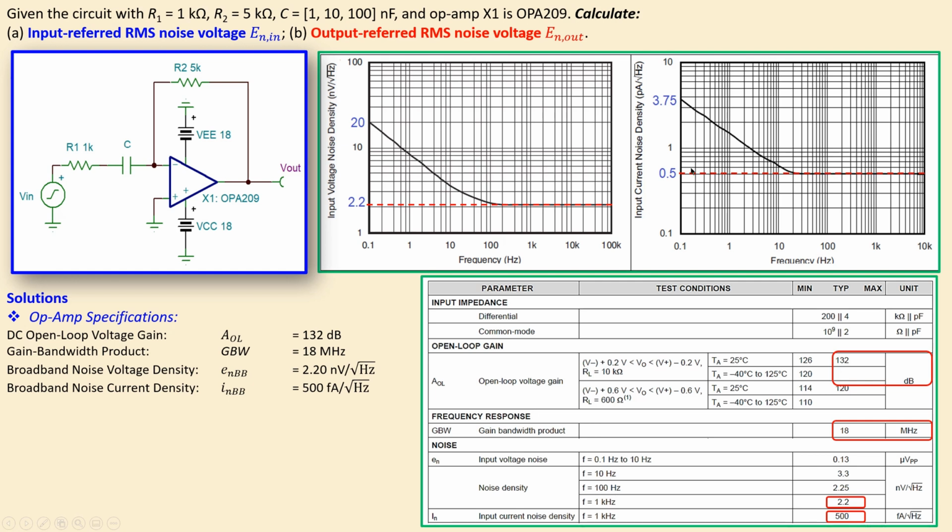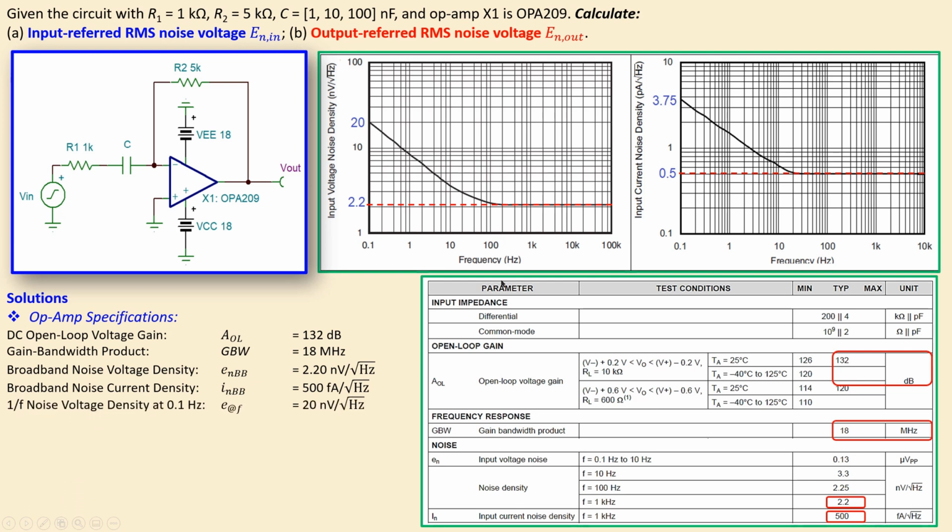You can see this is 0.5 picoamps per root hertz, which is exactly equal to 500 femtoamps per root hertz. Now also we have here a region which is frequency dependent, and this is a region which is frequency independent. So we have the broadband and also the 1 over F noise current part.